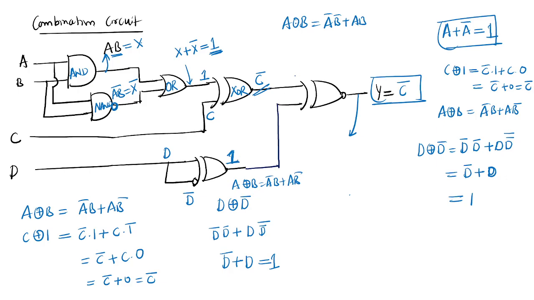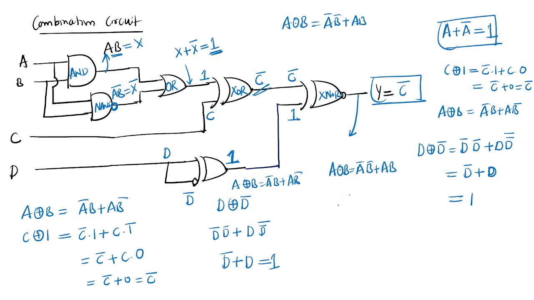So what are the inputs you are getting? This is C bar and this is 1. Here if you see, this is an XNOR gate. A XNOR B equals A bar B bar plus AB.